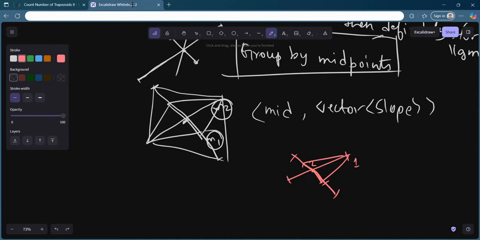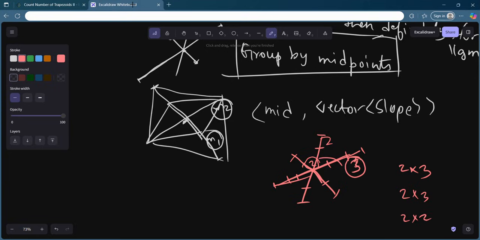So if you had got another line segment with the same midpoint, so you have got 3, okay? Each one of these 2 can form another with this 3, so 2 into 3. Same you can form with this, let's say 1 and 2, so 2 into 3, again 2 into 3 plus 2 into 2, the interaction between these two.